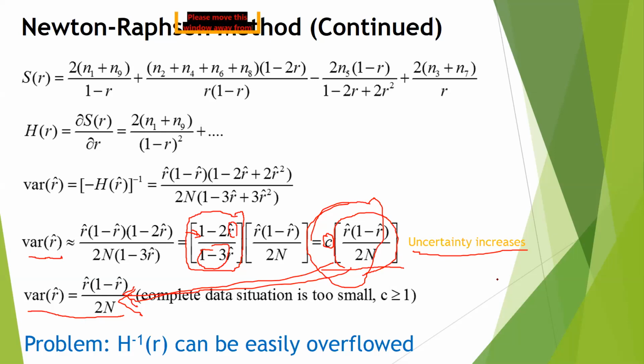So when you get the estimation, you get an estimation with less certainty. The variance of the estimation should be larger. Does that make sense? Okay, good. All right, so this is for the Newton-Raphson method.